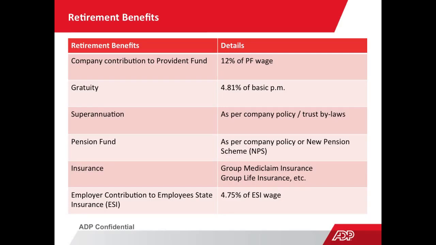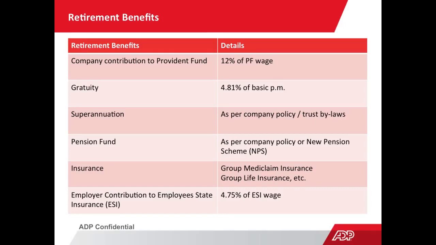Then we have reimbursement and retirement benefits. The retirement benefits are the company contribution to provident fund, which is 12% of your PF wage, and companies generally include it as part of the CTC. Then gratuity, which is 4.81% of the basic salary per month. This 4.81 is arrived at as per the Gratuity Act, where you need to pay 15 days' salary.